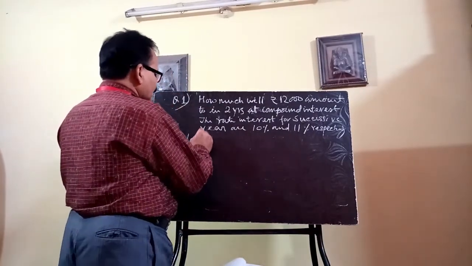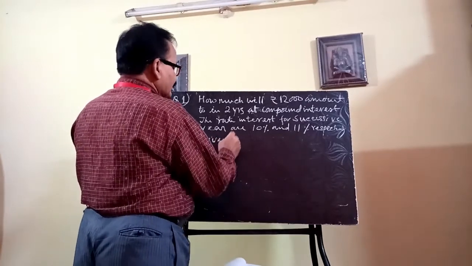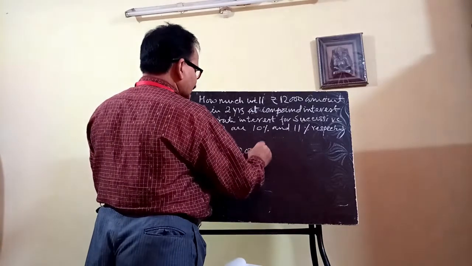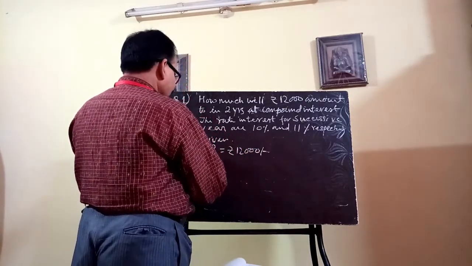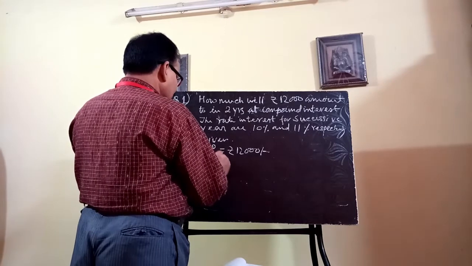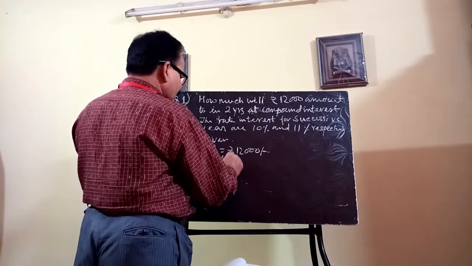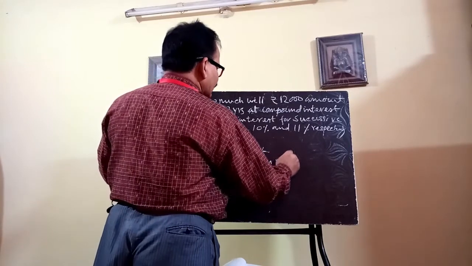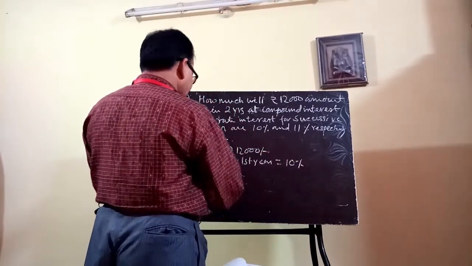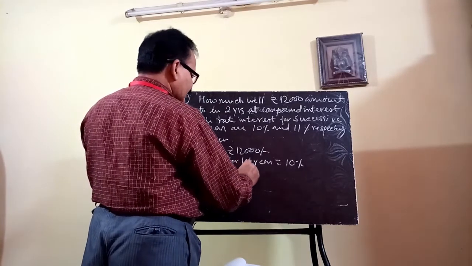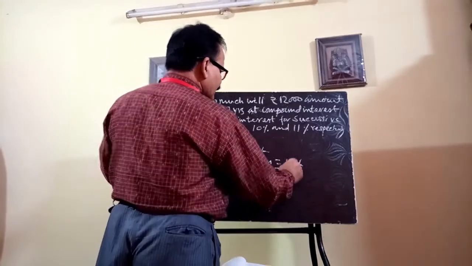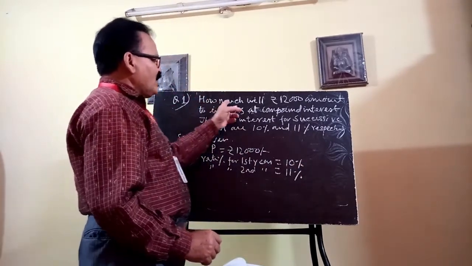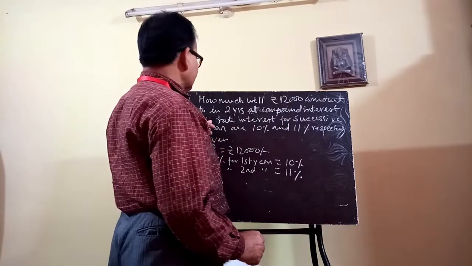Solution. Write the given part first. Given principal will be equal to rupees 12,000 and rate of interest, rate percent for first year is your 10%. Rate percent for second year is your 11%. These are the two rate percents given. How much will rupees 12,000 amount to?